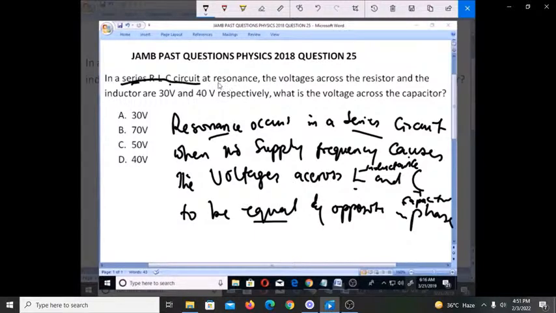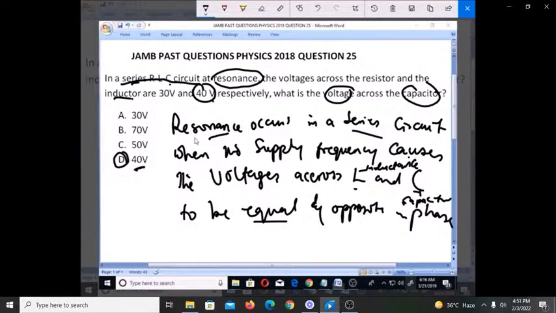So since we are saying that resonance is happening, it simply means that the voltage in the inductor, here this is the inductor, the voltage here is 40, is the same as that of the capacitor. So the voltage of the capacitor is supposed to be 40 as well. So D is the right option as the answer.